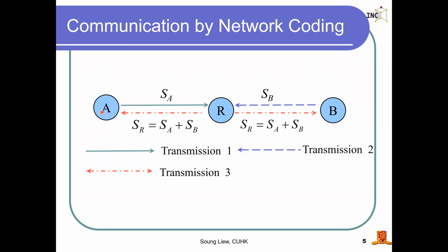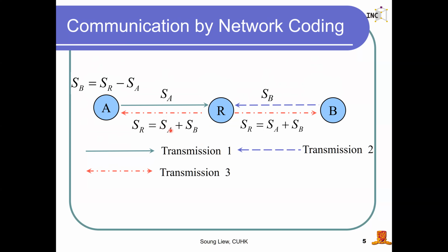However, A knows SA, so it can subtract SA from SR in order to get SB, and therefore obtain the message from B. You see, SR is equal to SA plus SB.